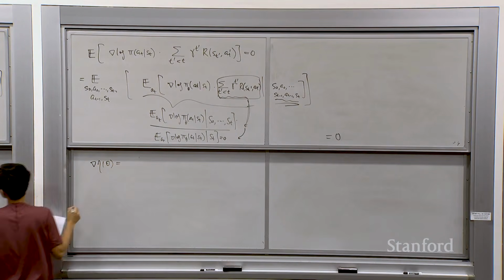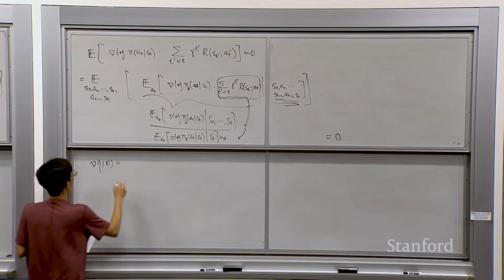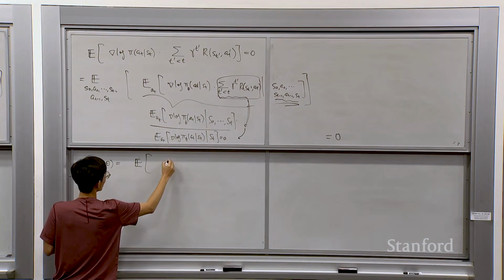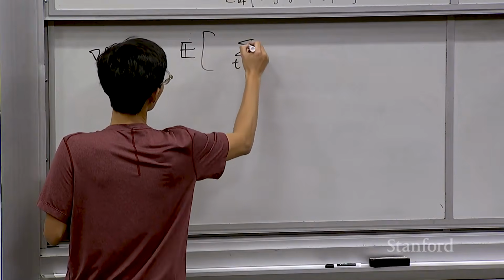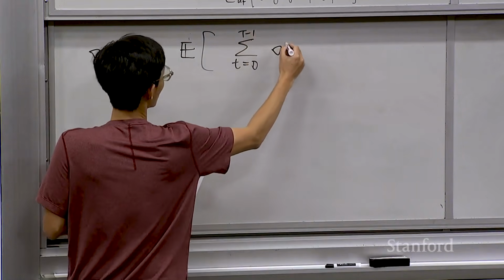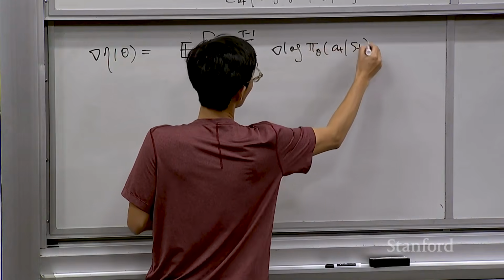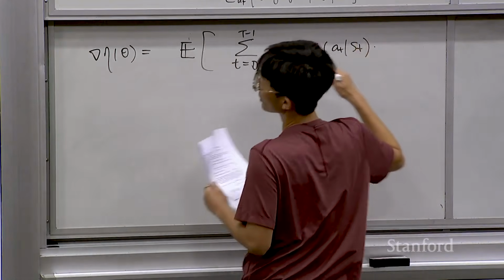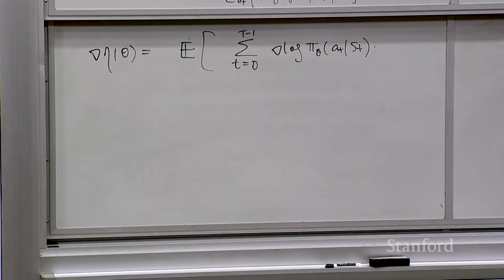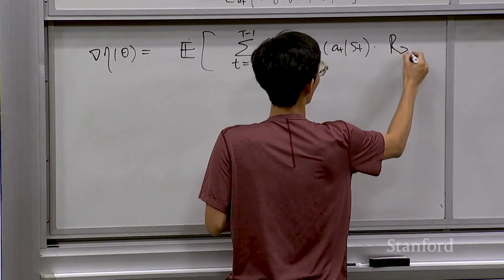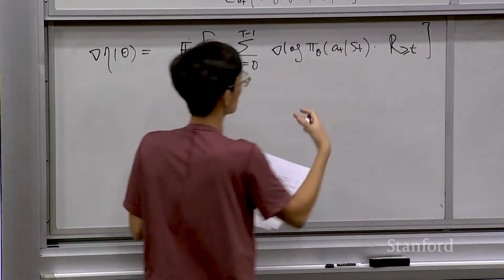you can write this as the expectation of the gradient of the log likelihood times the reward-to-go, the component that is not cancelled out. Let's call this R larger than t. Often people call this reward-to-go.